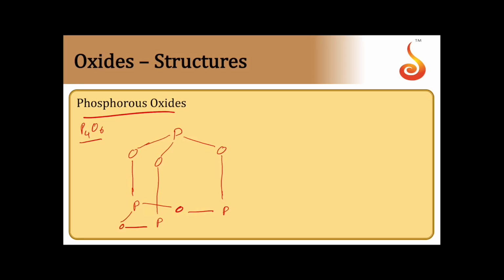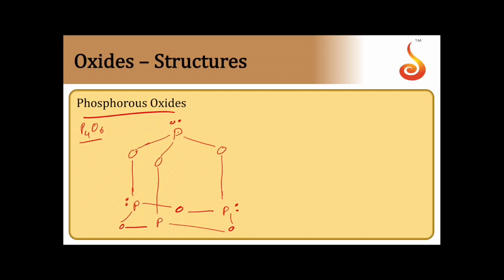Here one more P-O-P bond is there, and here you have one more bond. Each phosphorus has one lone pair of electrons. So the basic unit is a tetrahedral unit. It contains P-O-P bonds, and each phosphorus has three bonds.